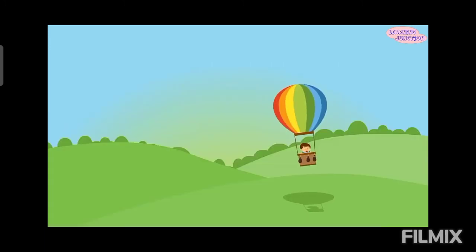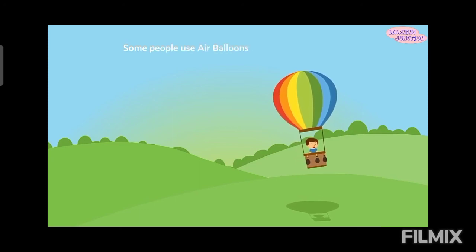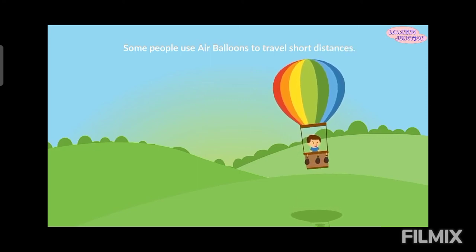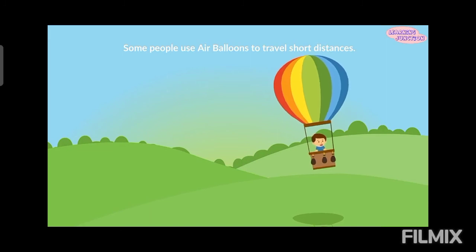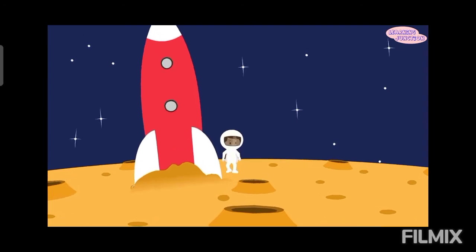So from the airport, the plane flies and lands. Then for smaller distances, we can use a helicopter. Some people use air balloons for traveling short distances. These are used for enjoyment and tours.